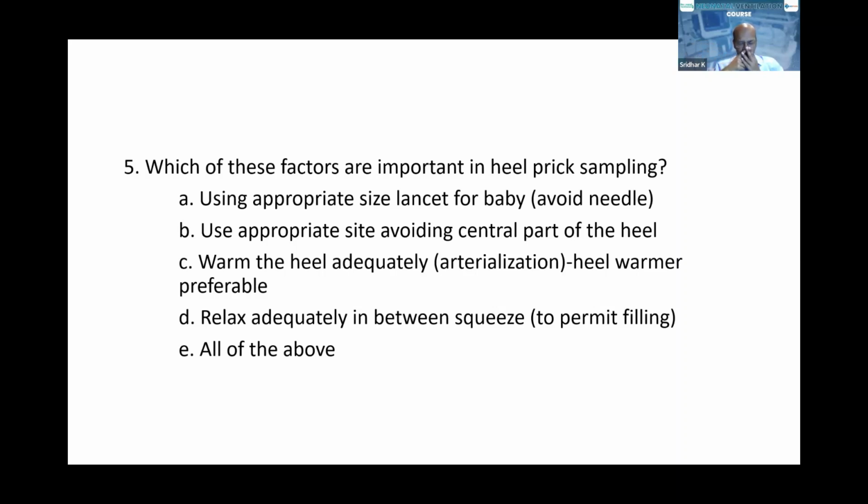If you have seen diabetic sampling, it just goes down when you press something. As long as you keep it firmly on the skin, it goes to the right depth. You have term size, preterm size, and micropreemie size. The blade doesn't go deep, and because it's wide, you have a better chance of bleeding adequately. The appropriate site we will discuss next.